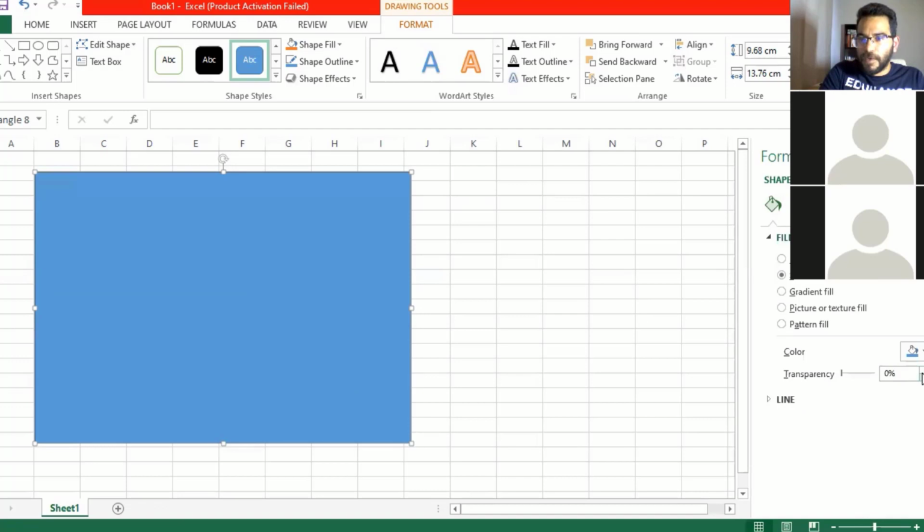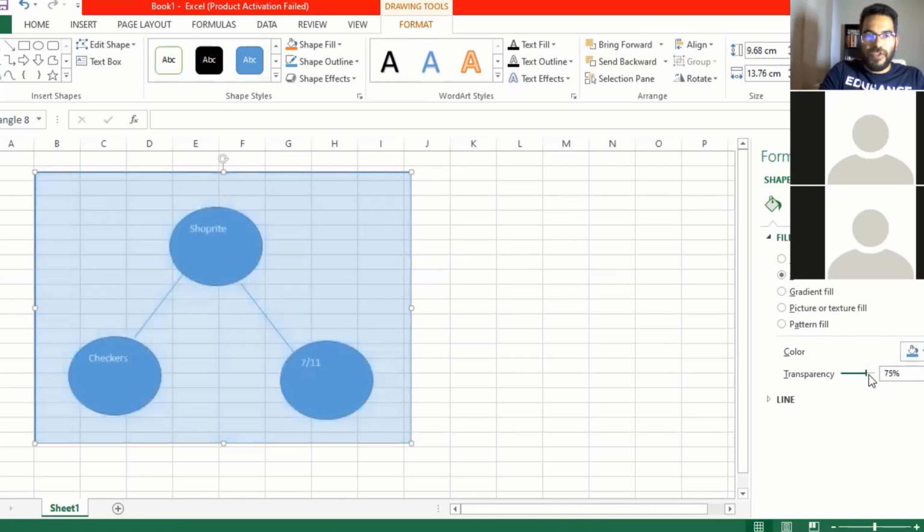Format. Oh, here we go. I'm just making it transparent. So there we can see the group now, okay?